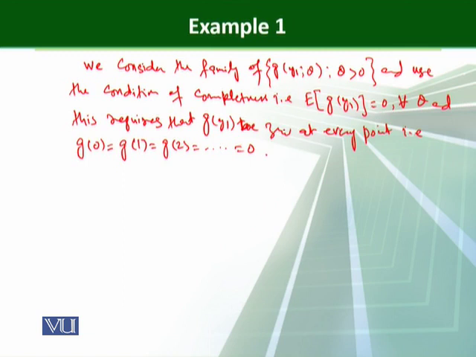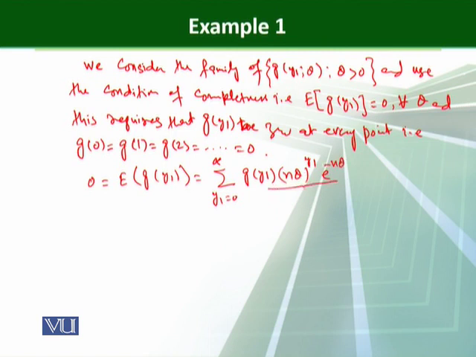So 0 is equal to the expected value of g of y1, and this can be written as the sum over y1 from 0 to infinity of g of y1 into the probability mass function of y1, that is n theta raised to power y1 into e raised to power minus n theta over y1 factorial.